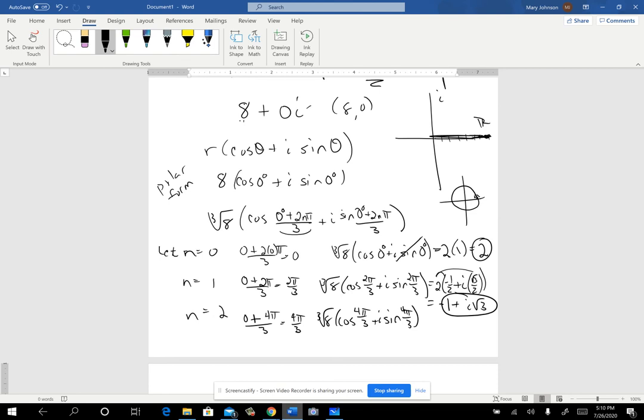So the cosine is negative 1/2, and the sine is negative square root of 3 over 2. Cube root of 8 is 2. Distribute the 2 and you get negative 1, and then minus square root of 3 times i, or i square root of 3 if I put it in front. All right, so there's your third one.